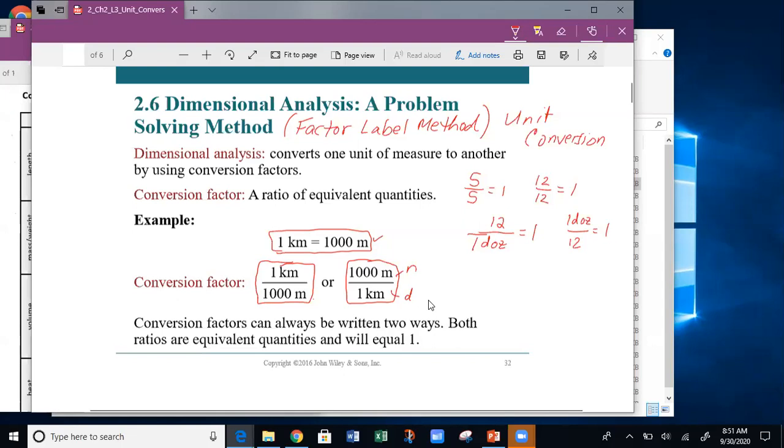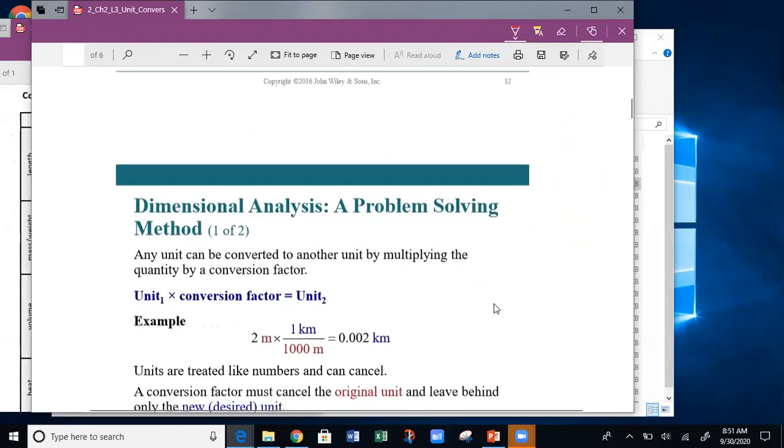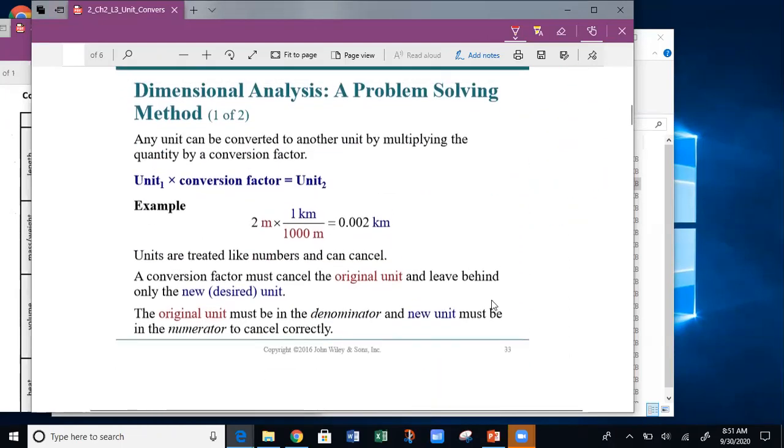Since there are 2 possibilities for every equivalency, we have to choose the right one. And our goal is unit conversion. And our goal is unit cancellation. So a conversion factor must cancel the original unit and leave behind a new unit.